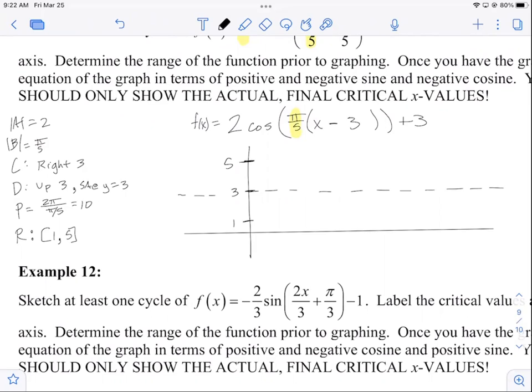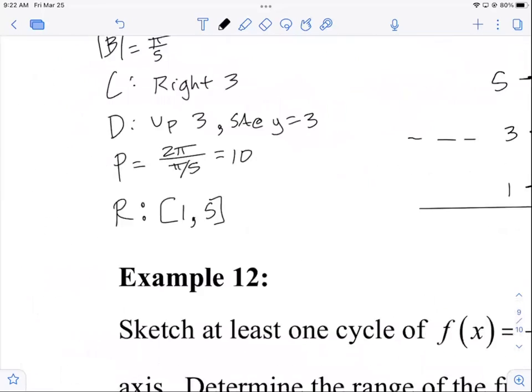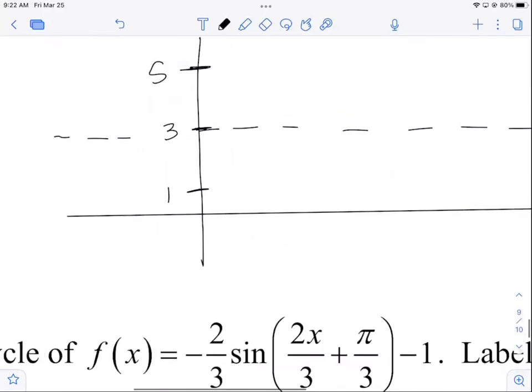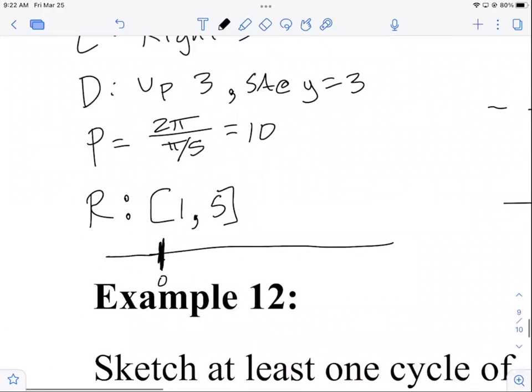But now the horizontal stuff. We're moving everything right 3 units, so we're going to have to get new marks. Let's see what that's going to look like. Here's our sacrificial x-axis. Here is the y-axis, 0. And we're going to go out the length of one cycle, which is the period, so that's going to be 10. We'll call this 10. You could bisect that to get 5, half of 10 is 5.